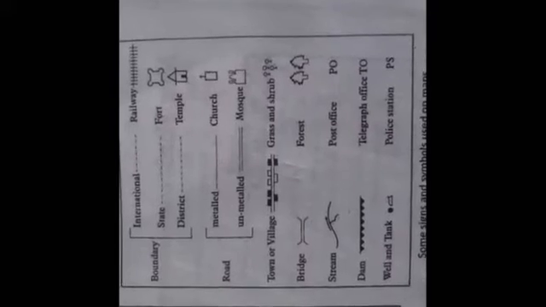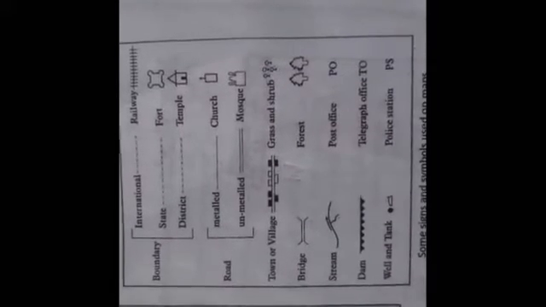Now, the next one is signs and symbols. There is not enough space on a map to show mountains, rivers, lakes, dams, temples, churches, railway tracks, etc. But a map without such information will not be very useful. So, different signs are used to give information on a map.